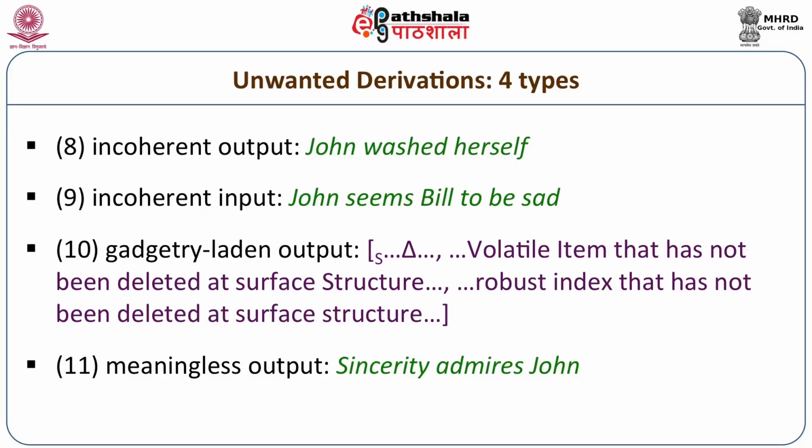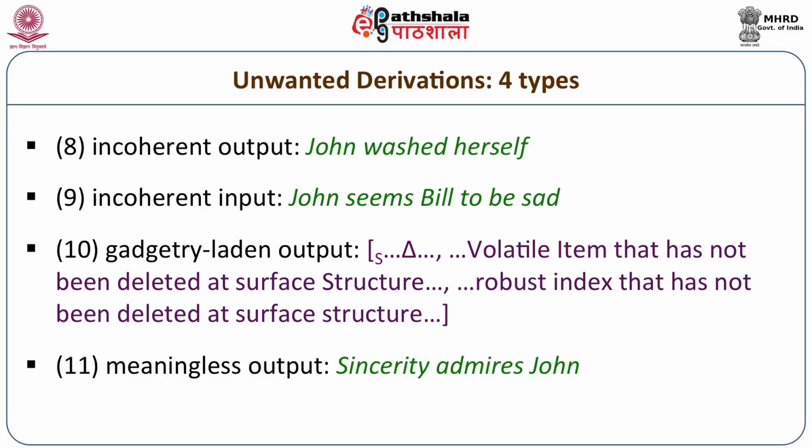The third class is where we have some element inside the sentence at the surface structure which should not be there, either a volatile element or a delta. The fourth class is what is called meaningless output. Sentences like sincerity admires John.